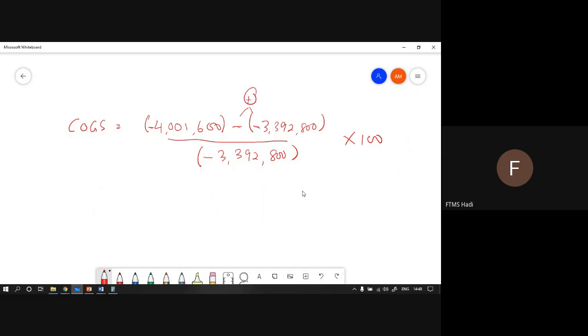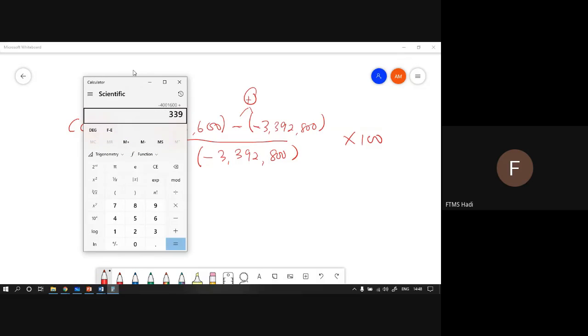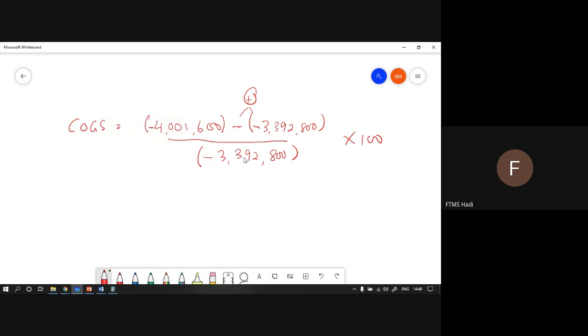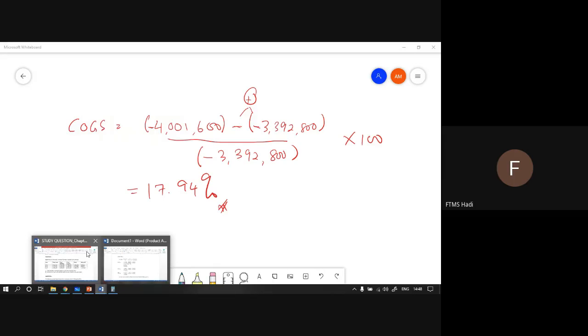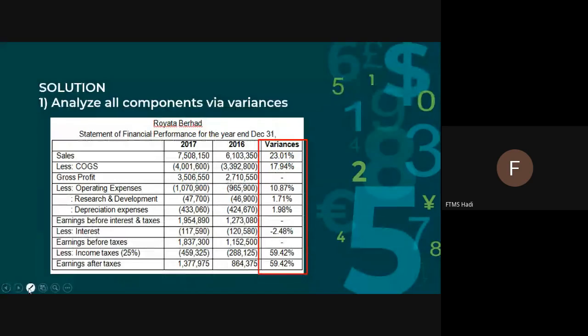So that means you need to plus this one, 3,392,800, divided by, do not forget negative as well, 3,392,800, and then multiply by 100, so you can get 17.94%. So you will get negative 17.94%.